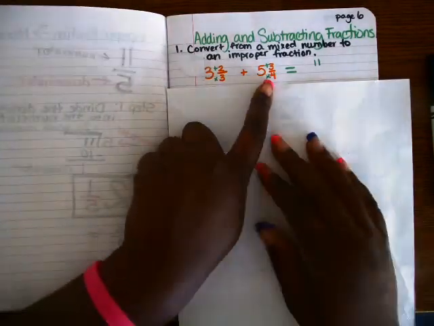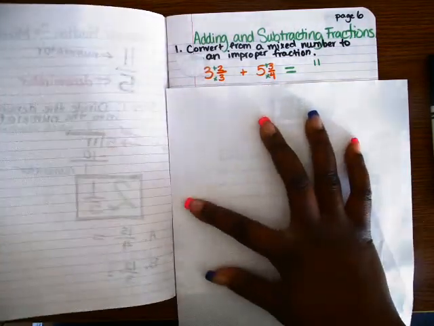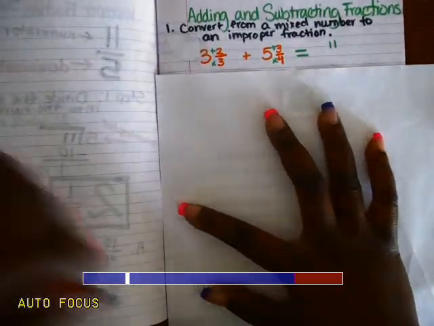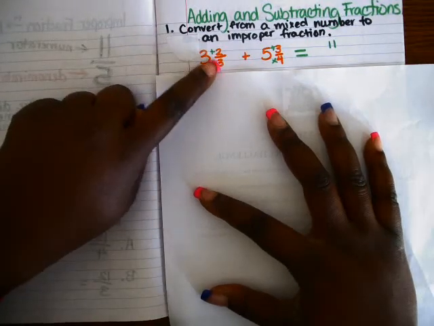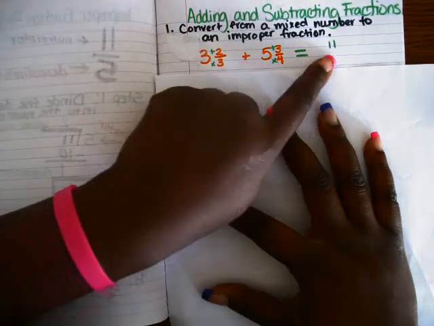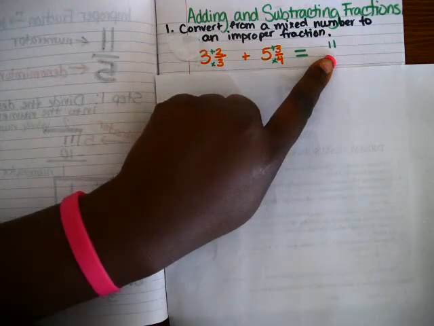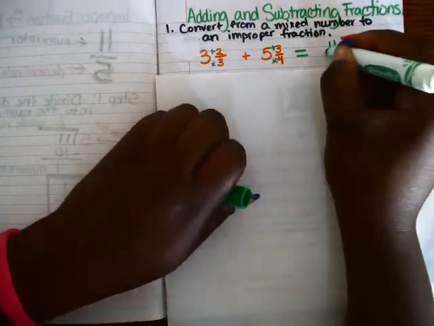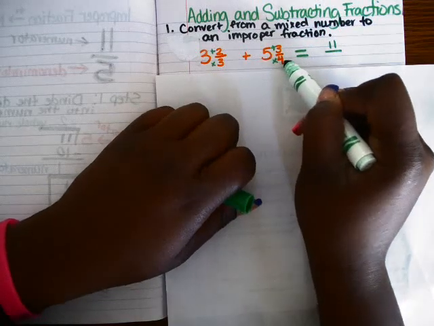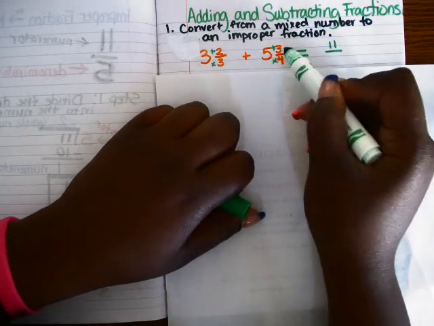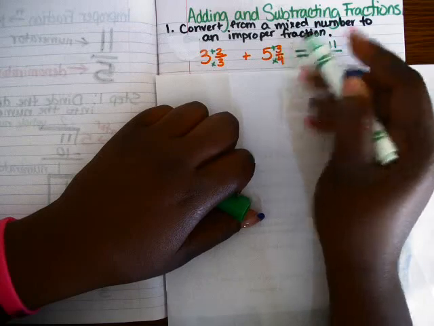Well, when converting, just a quick reminder, you multiply the whole number by the denominator, and then you add the numerator, which gives us 11 for the first fraction. And then for the second fraction, you want to do the same thing, multiply. 5 times 4 is 20. Add the numerator, which is 23.